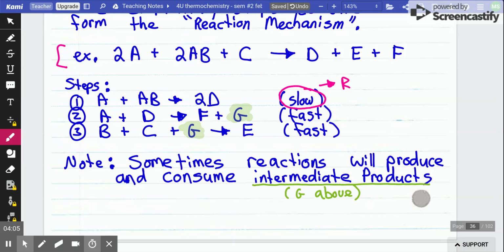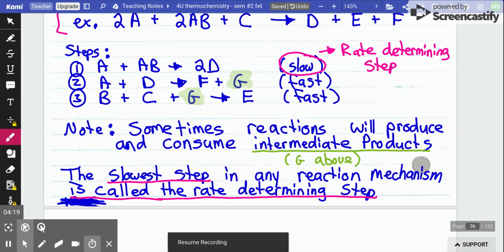So because it occurs slowly, we call it the rate determining step. Okay, so the slowest step in any reaction mechanism is called the rate determining step. So really, it's quite easy. The rate of reaction will always be in brackets after the elementary step. So the one that says slow is the rate determining step.